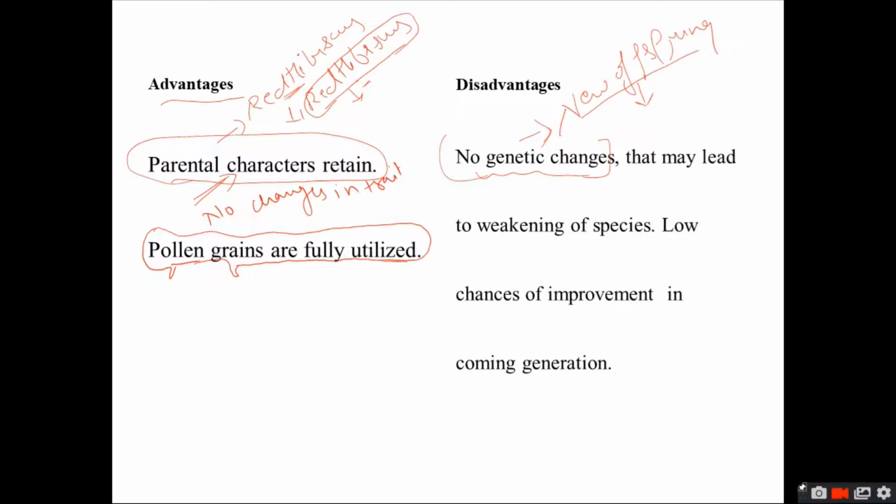So basically they get weakened. After generations, what will happen if there are no changes in genetic sequences? The species will get weakened, with low chances of improvement in coming generations, and it can lead to extinction.